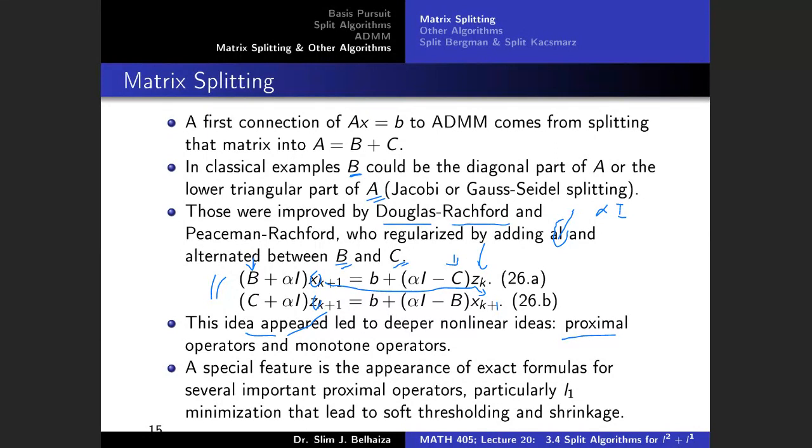What do you mean by exact formulas? That we were able, using this, to obtain closed form solutions, which is huge. So we no longer rely on numerical solutions. We obtain closed form solutions for our optimization problem, particularly with the L1 minimization that leads to soft thresholding and shrinkage.